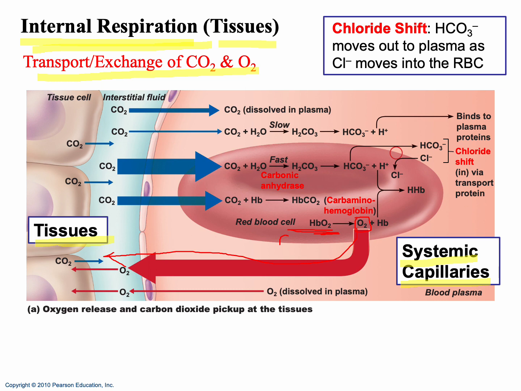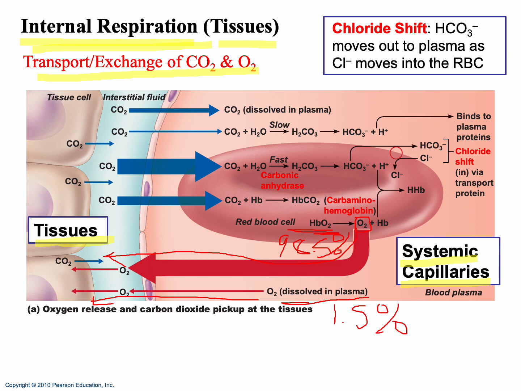This preferred method is 98.5%, the major method. The other oxygen gas dissolved in the plasma of the blood will go through simple diffusion and go to the tissue cells. That method is 1.5%.